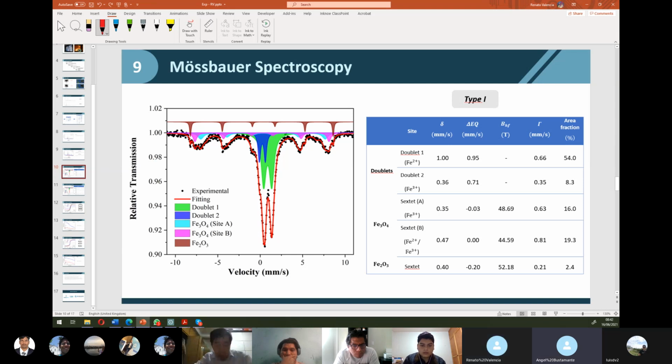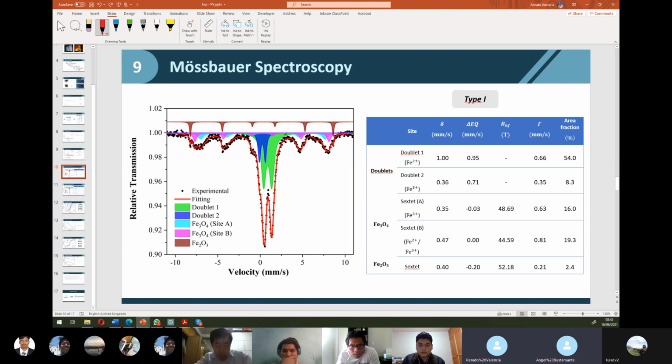For example, in this type, I see double two blue color. Mathematical is correct for the fitting, but in terms of physics, I don't know.